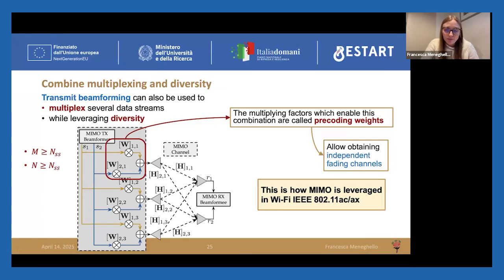This is how MIMO is implemented and leveraged in IEEE 802.11 networks, so in Wi-Fi. In Wi-Fi, the multiple antennas available mostly at the transmitter side, so at the access point, are used to increase the multiplexing and the diversity.